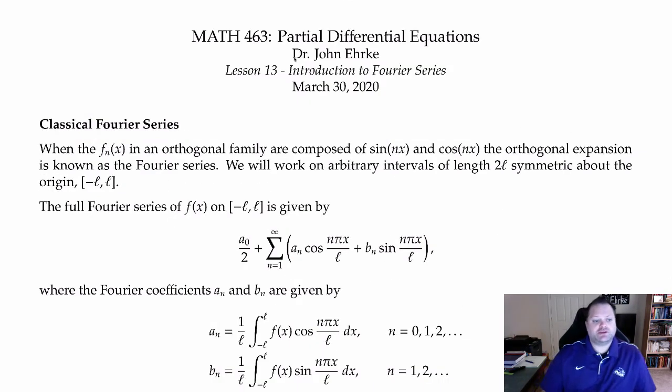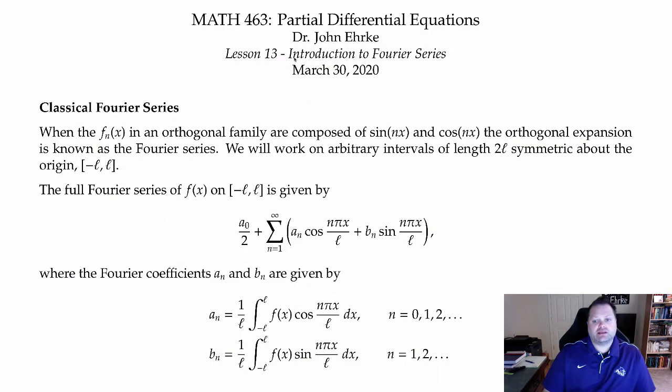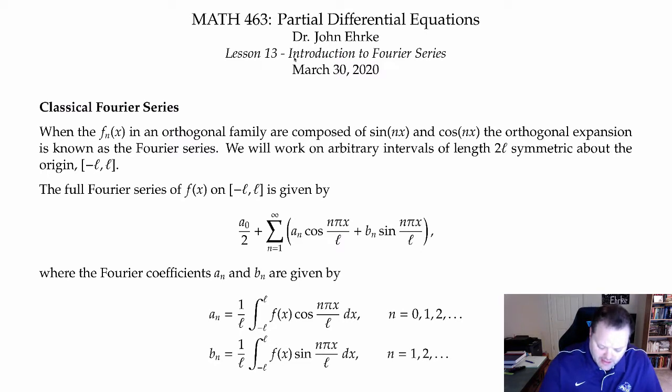And what I'd like to do is talk about the classical Fourier series. So what we've discussed so far is that you can take any function f of x and represent the function f of x via what we call the classical full Fourier series on the interval from minus L to L. If you're using sine nx and cosine nx, this is the interval from minus pi to pi.